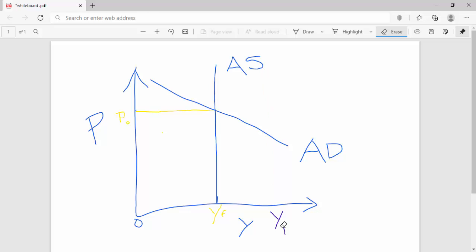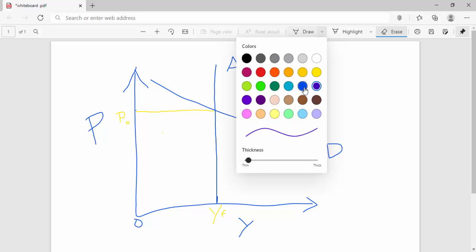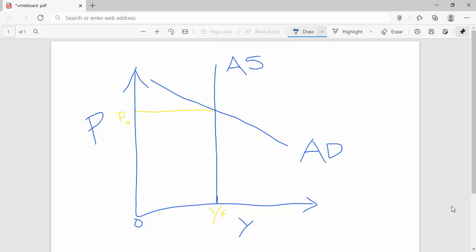So let me wrap that. Now, let's talk about what shifts the aggregate demand curve. The assumption is that if there's an increase in government spending, then the aggregate demand curve will shift to the right.